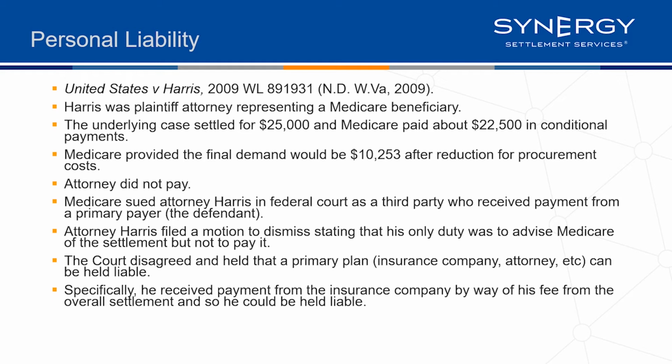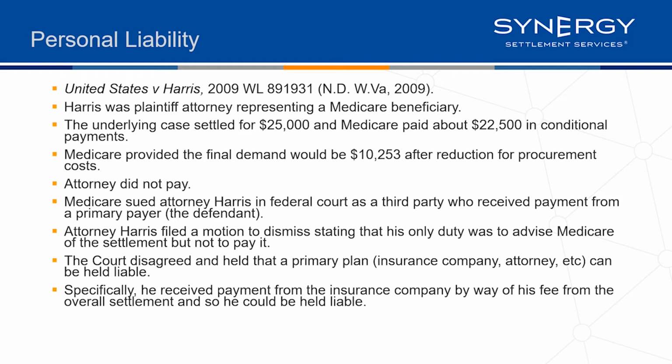So let's take a look at one of the older cases where a claimant's attorney was pursued. This is a 2009 case called United States versus Harris. Harris was representing a plaintiff who was a Medicare beneficiary. He entered into a settlement agreement with the defense for $25,000.